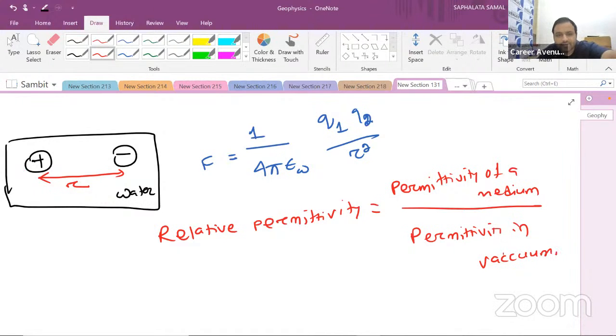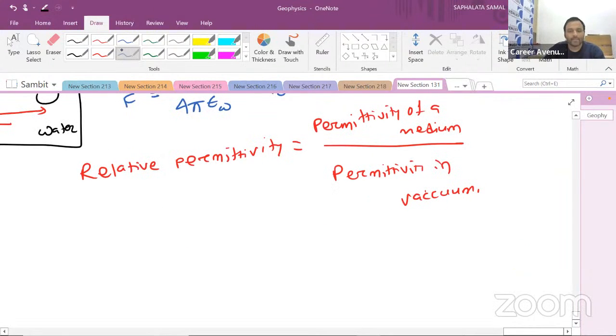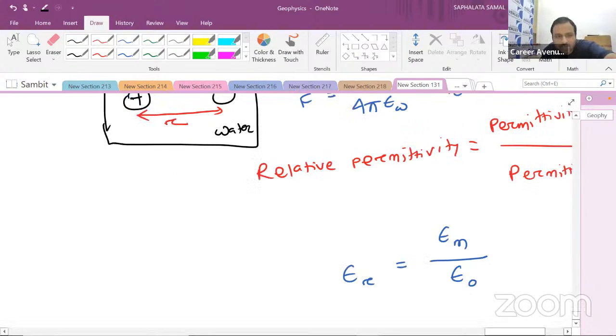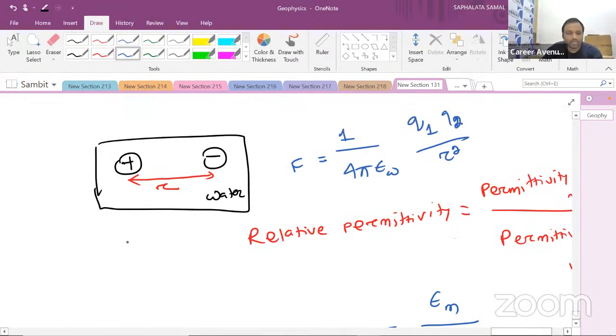That means I can write relative permittivity as permittivity in a medium by permittivity in the vacuum. For example, in the case of water, the relative permittivity of the water is equal to permittivity in the water divided by the permittivity in the vacuum.